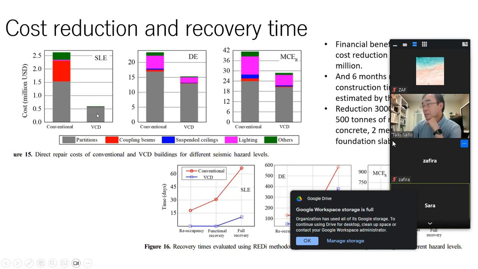From this slide, we can understand the cost reduction and the recovery time.